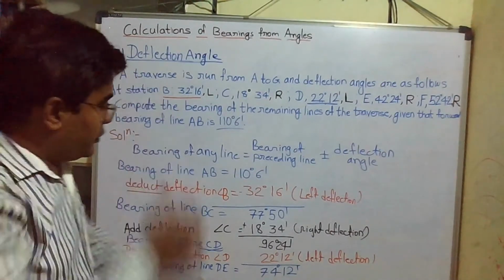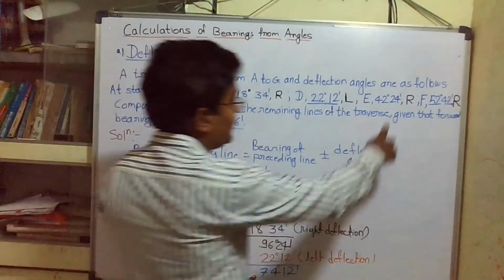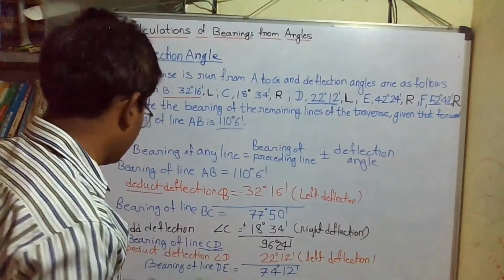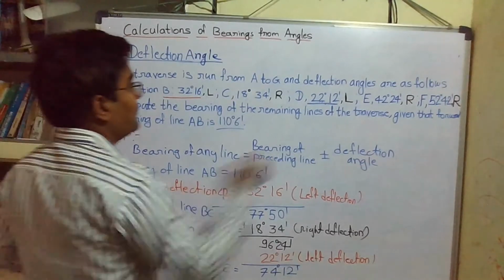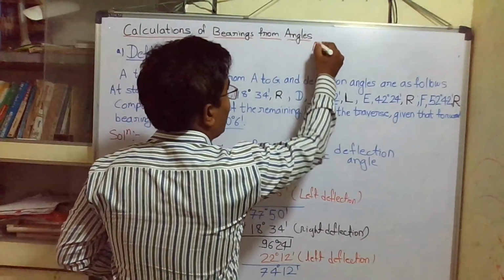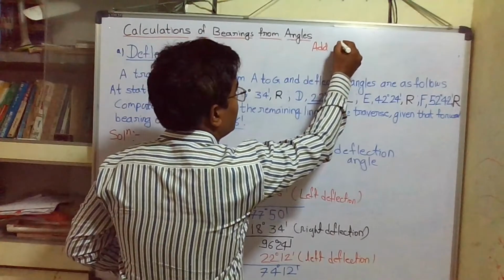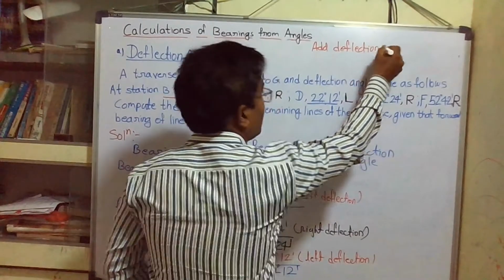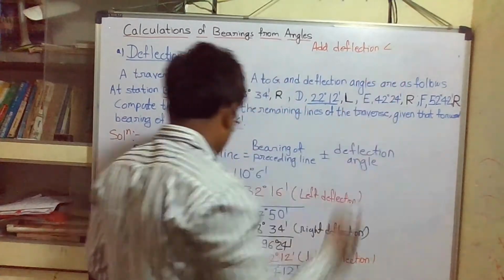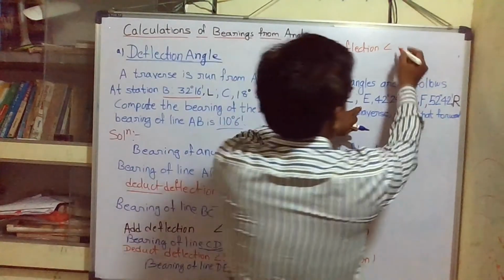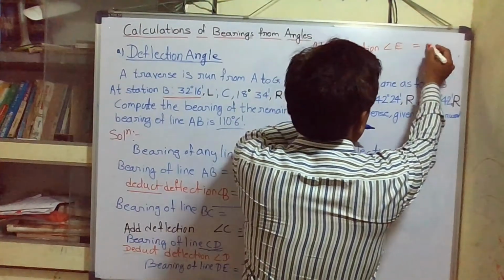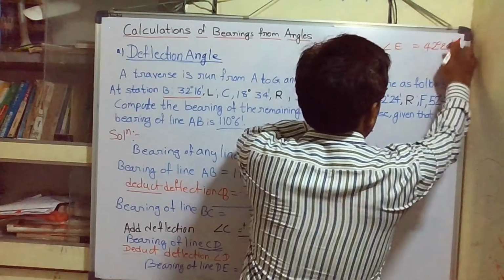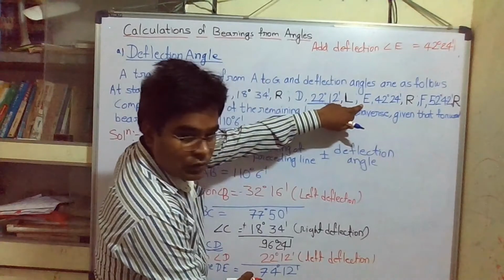Now what is the next deflection angle? Deflection is right hand side, deflection at E. So what we have to do? We have to add this deflection. The next deflection angle E is equal to 42 degree and 24 minutes. So we add this to 74 degree 12 minutes.